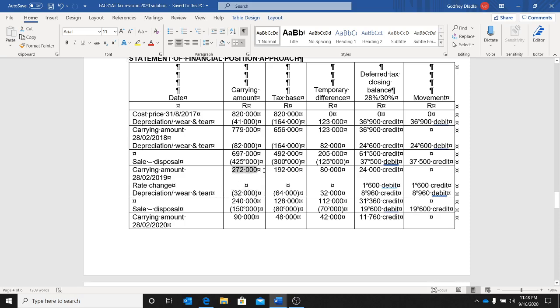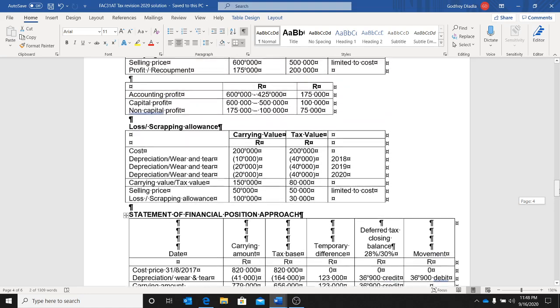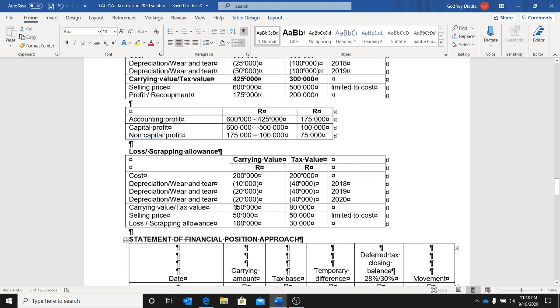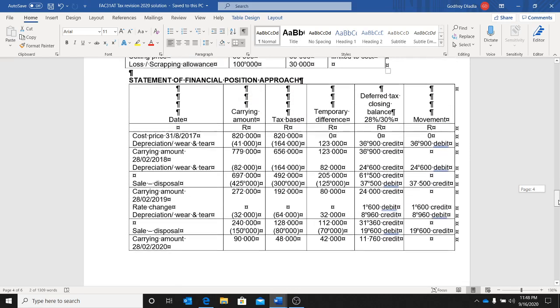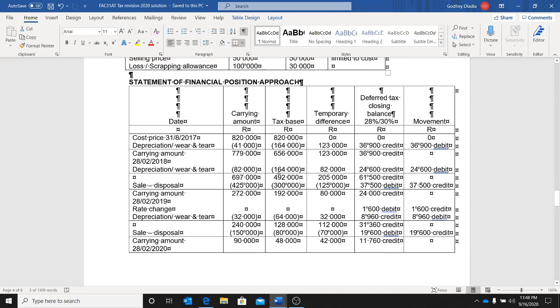Then 270 minus 32, that will give us the 240. Then you sold another asset, which is this 150. This 150 comes from here, this one, the carrying value. Okay, right. Then you go for this side here under tax value.